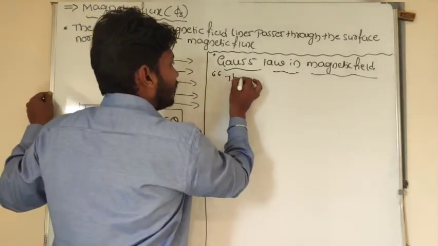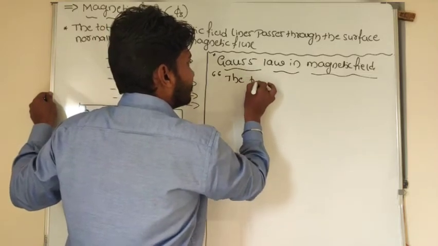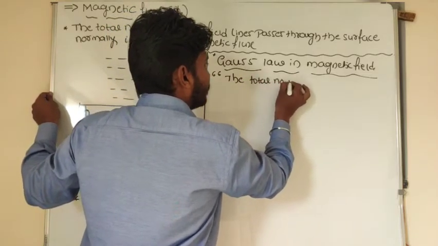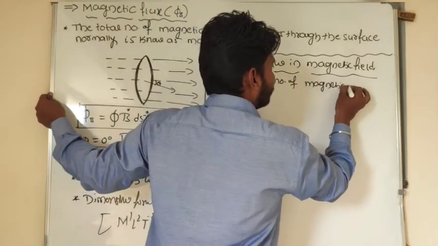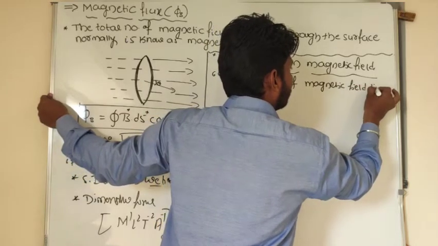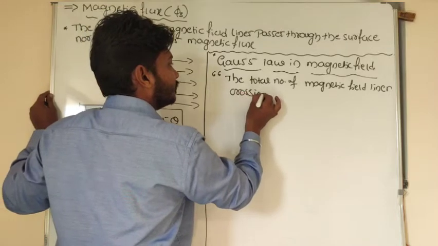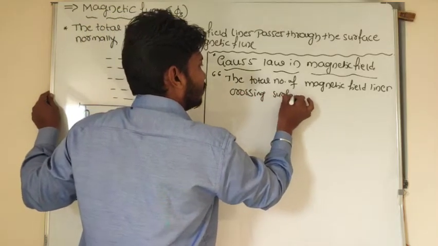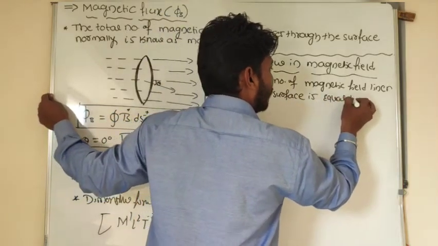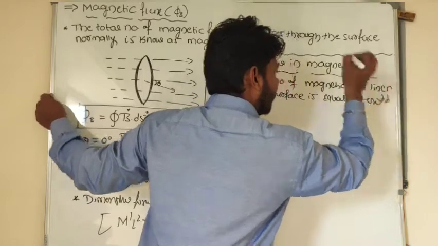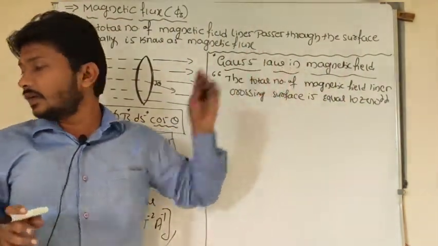The total number of magnetic field lines crossing the surface is equal to 0, we can consider. Look at here, the total number of magnetic flux passes through the surface is equal to 0.